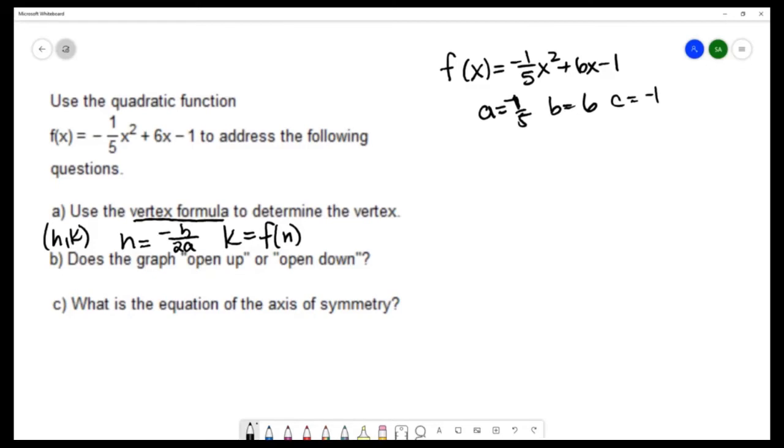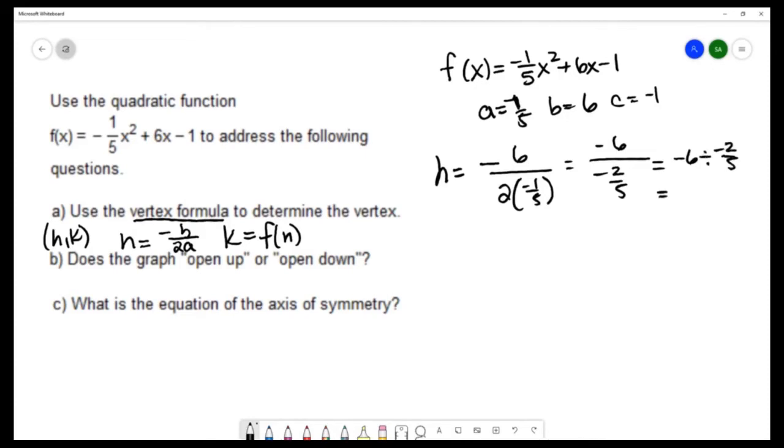So for the h part of our vertex, we're going to do negative 6 over 2 times negative 1/5. The negative 6 over negative 2/5. When we divide fractions, let's write it as division first. We've got negative 6 divided by negative 2/5.